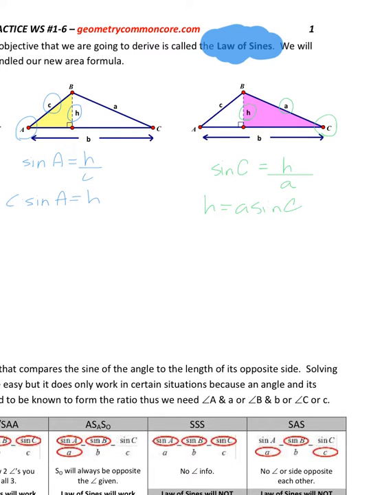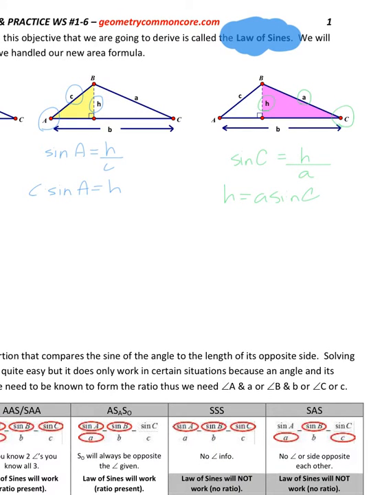So now we have two expressions that equal H. If they both equal H, then they're going to equal each other. So we set C sine A equal to A sine C. Now I'd like to divide both sides of the equation by both a side and the sine expression.